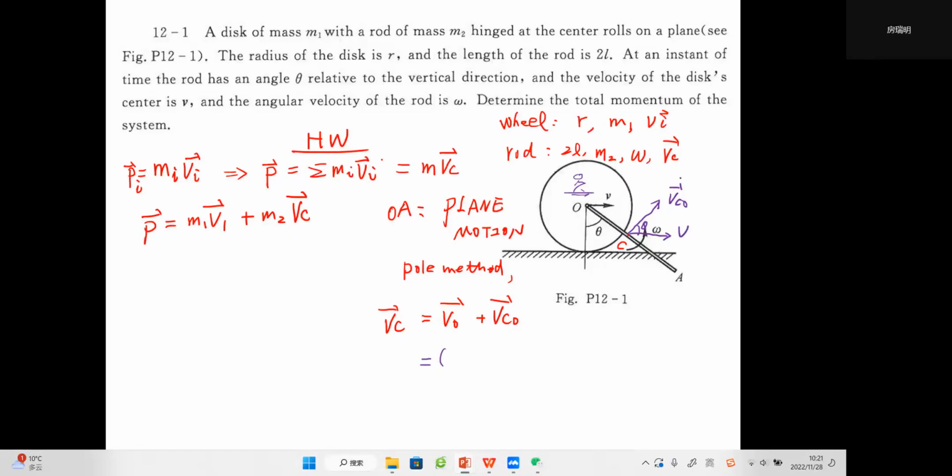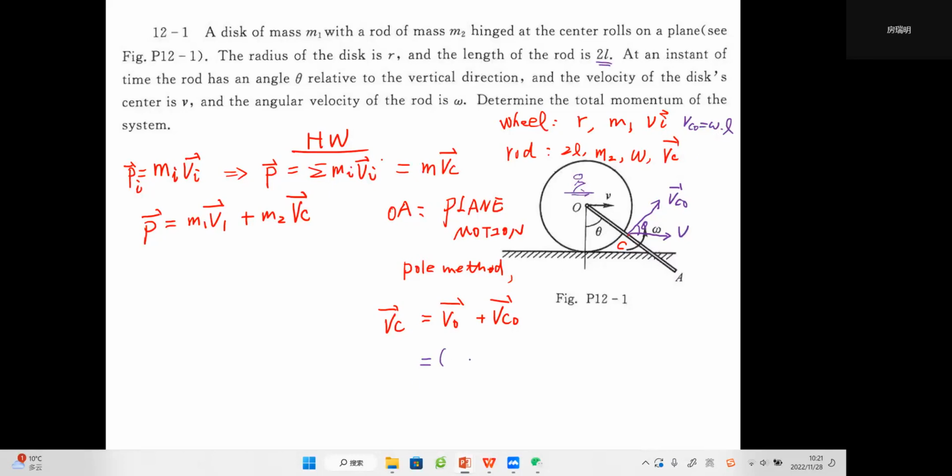So the magnitude VCO equals omega times L. This length is half of the total length of OA, and we know OA's length is 2L, right? So OC is length L, and VCO equals omega times L.